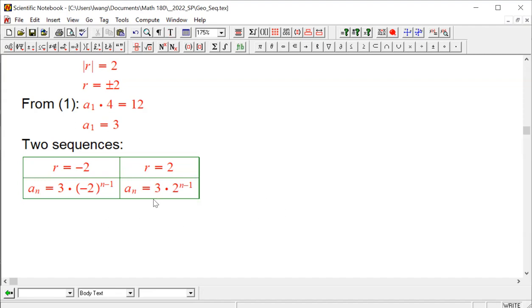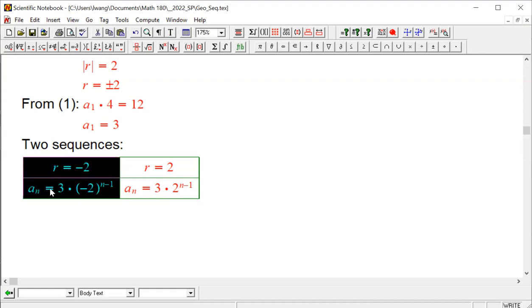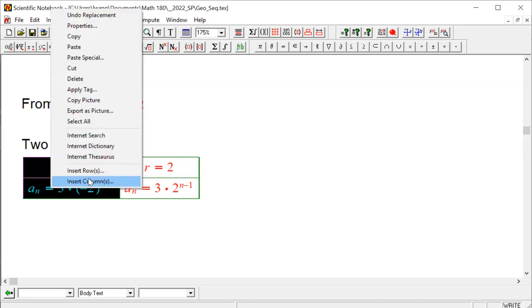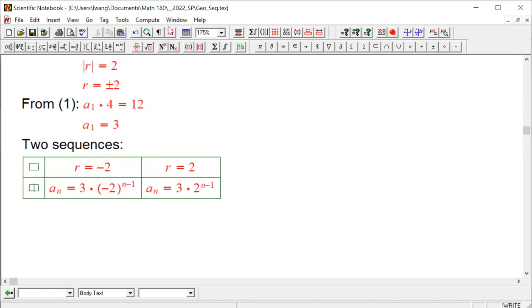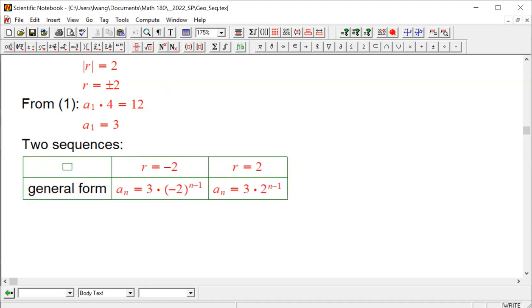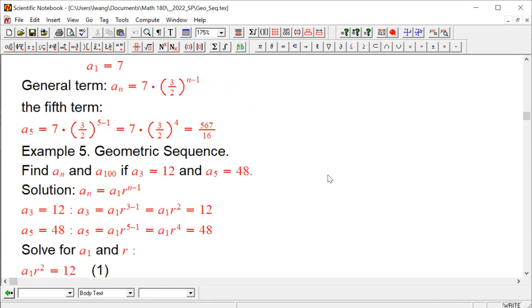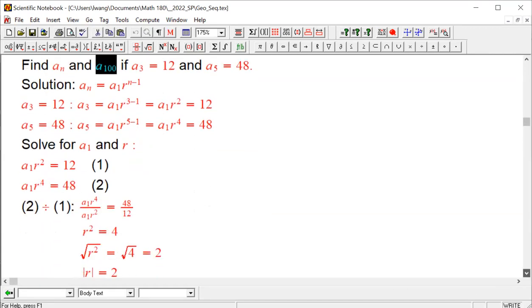So next question, we have the two general forms. So how about another question? We want the 100th term.